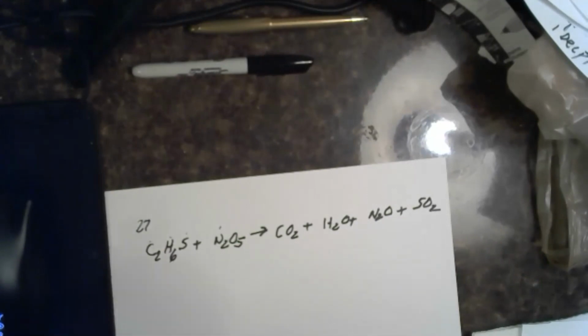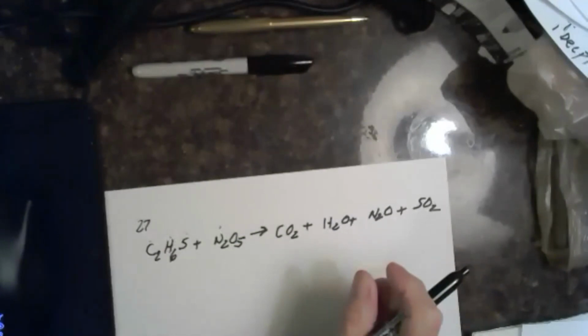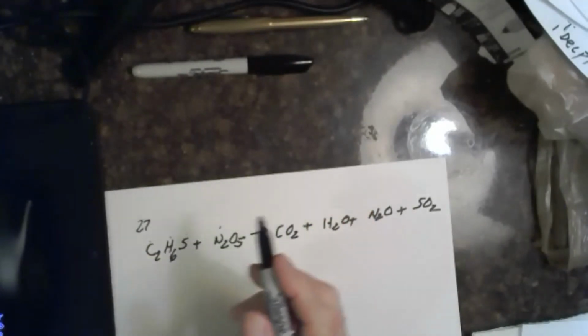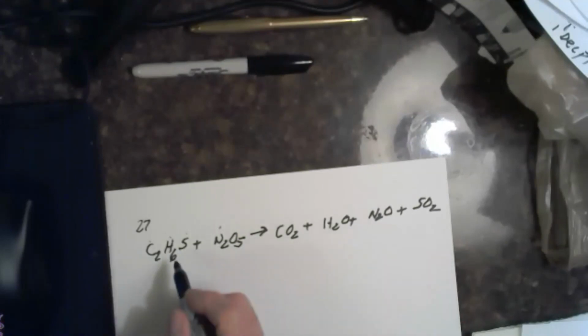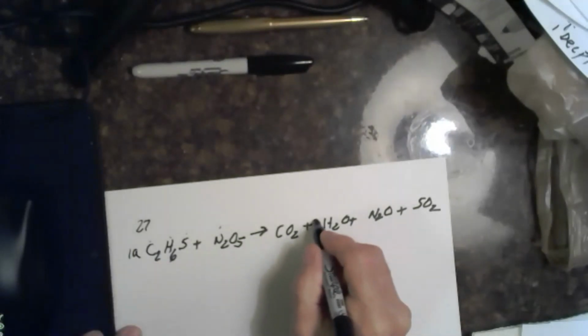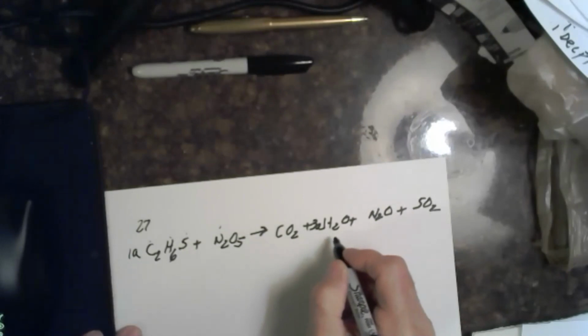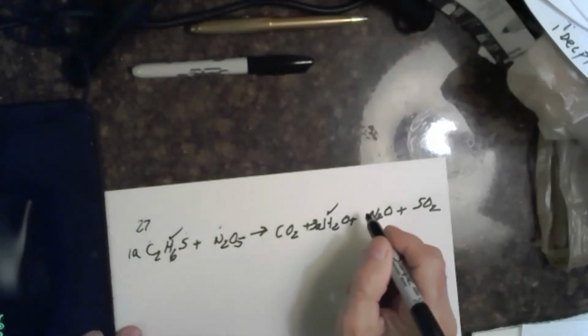Oxygen is in every one of the formulas on the right, so I surely can't start with it. But I can start with any of these other 2. My rule is I'm going to start with hydrogen because it's the biggest number. Okay, so a 6 and a 2. All right, so to balance hydrogen, I'll need a 1A here, and I'm going to need a 3A here. That gives me 6A hydrogens on each side.